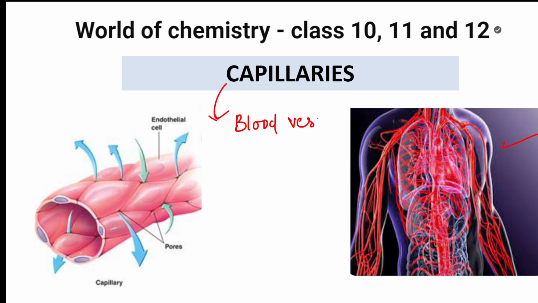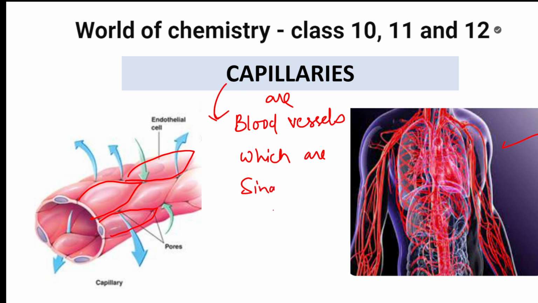But how are they defined? See here, you see the picture. Each has one cell with a nucleus. So I am writing capillaries are blood vessels which are single celled. Perfect?